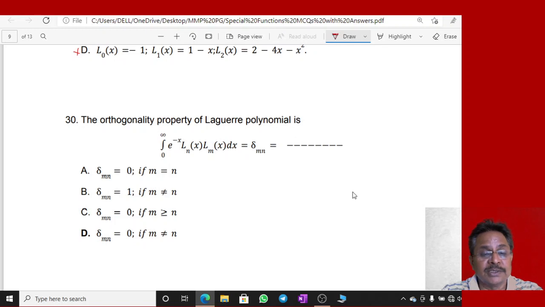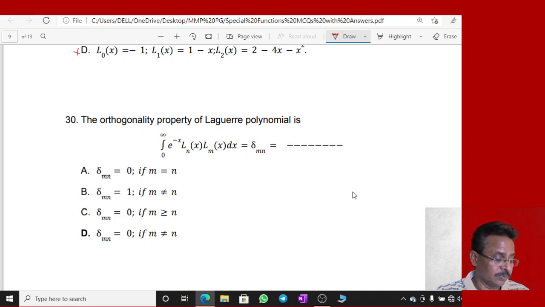Now see this integral, this time it is not from minus 1 to plus 1, which is there in Legendre polynomial. In case of Hermite polynomial, it is minus infinity to plus infinity. In case of Laguerre polynomial, the orthogonality condition is an integral from 0 to infinity, e raised to minus x Ln of x into Lm of x into dx is equal to delta mn.